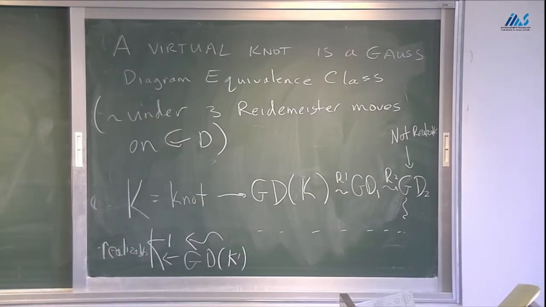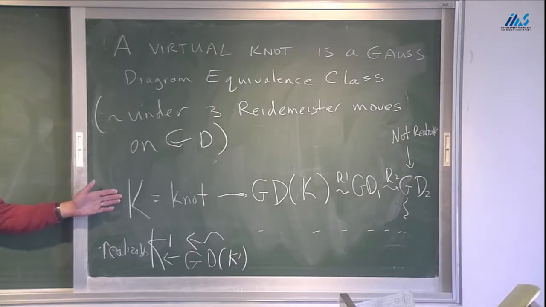So even though you leave the class of realizable knots when you do this equivalence, once you return to the realizable class, you're only in one class of knots. So in other words, this is a valid way to get invariance of classical knots.